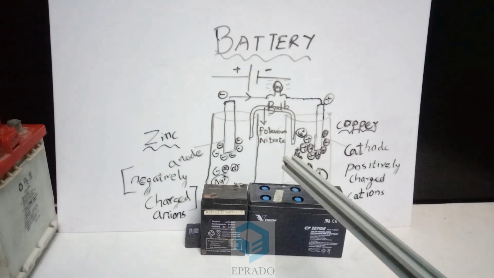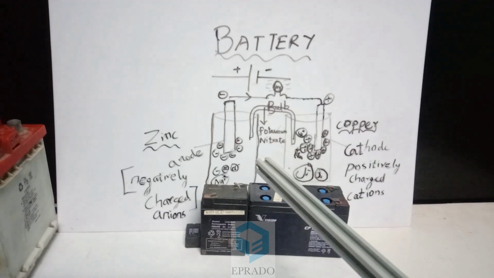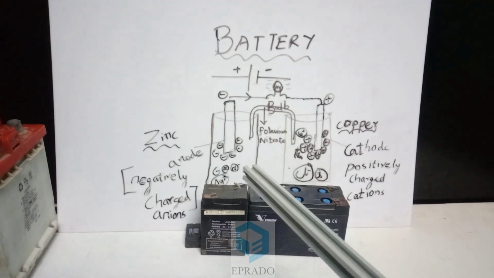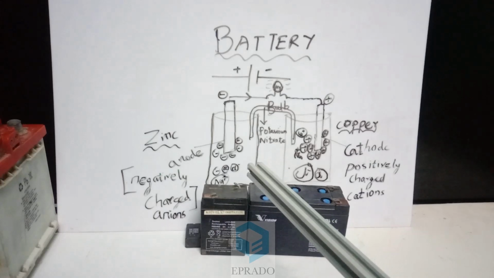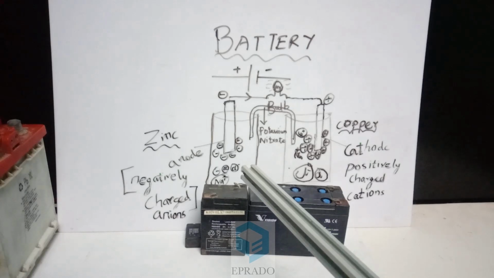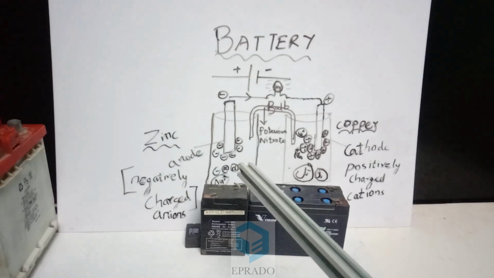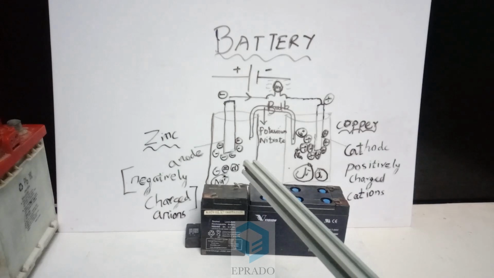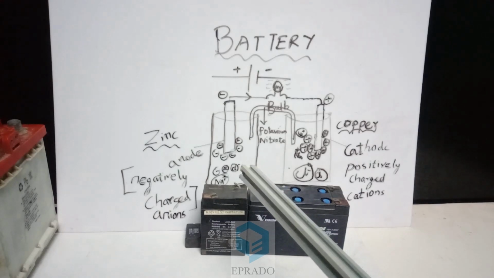This is an electrochemical battery. In general, we cannot generate electrical energy. So in an electrochemical battery, the chemical energy is transferred into electrical energy by this chemical reaction between the electrodes and the electrolytic solution.